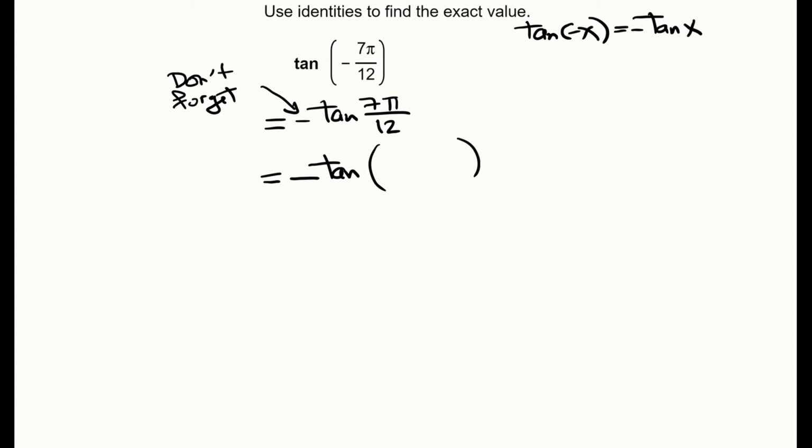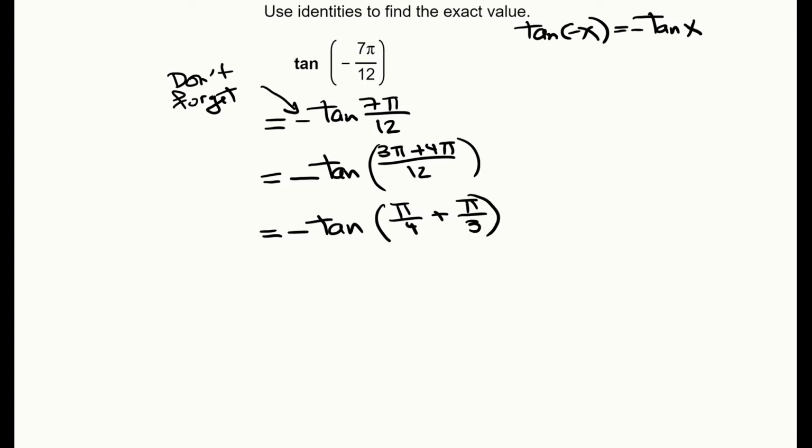If you recall from our previous video, we already did this for cosine, and 3 pi plus 4 pi instead of 7 pi seems to work out well. So notice we end up with negative tangent of 3 pi over 12, which gives us pi over 4, and 4 pi over 12, which gives us pi over 3.